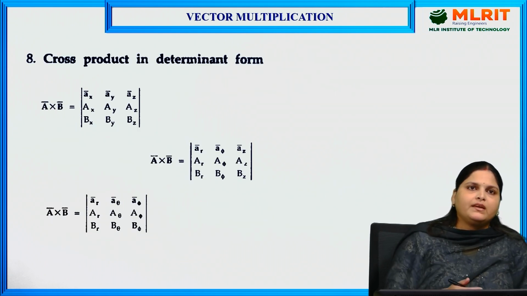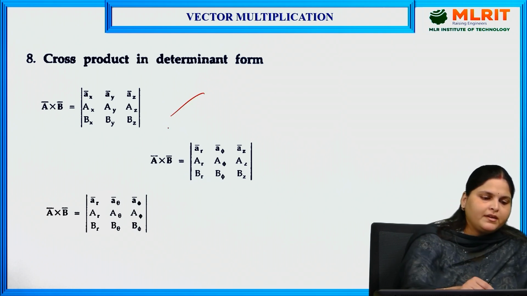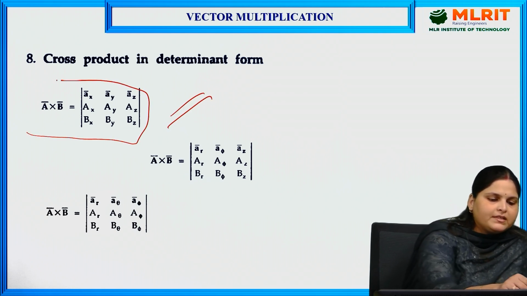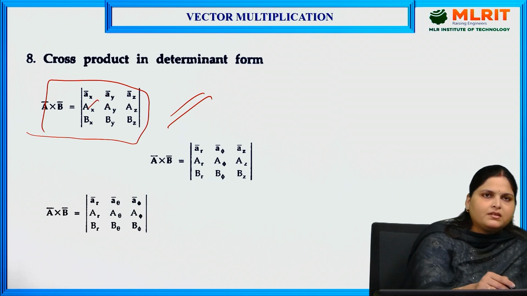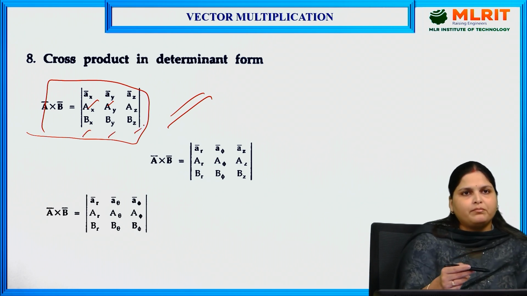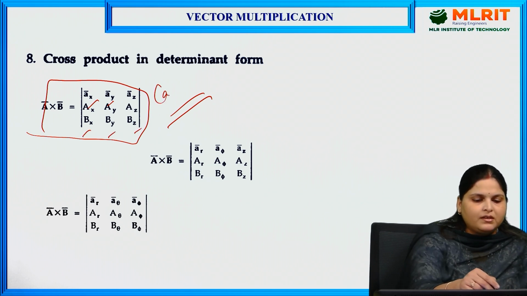Next, we can write the cross product in this manner. A cross B can be written as a determinant with rows ax, ay, az; Ax, Ay, Az; and Bx, By, Bz, where Ax, Ay, Az are the components of vector A and Bx, By, Bz are the components of vector B. This is in the Cartesian system.